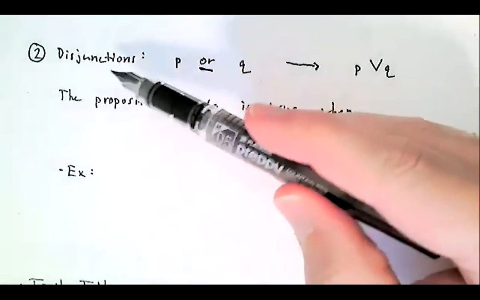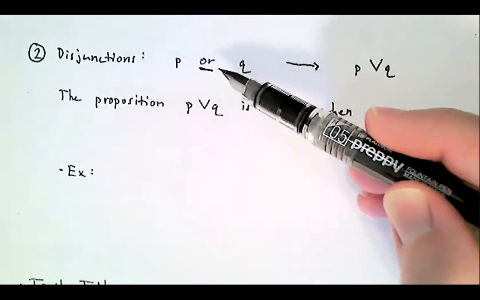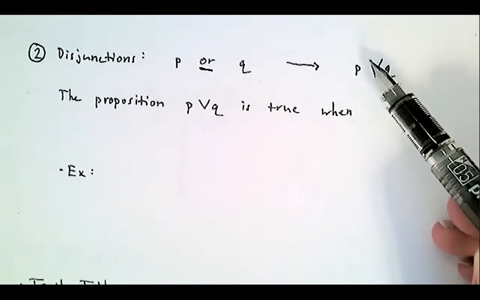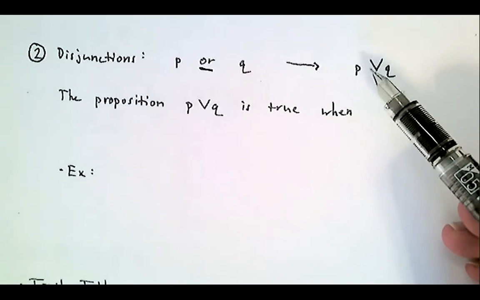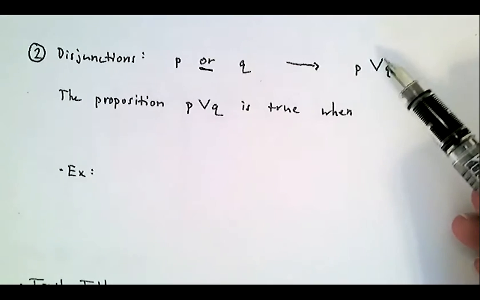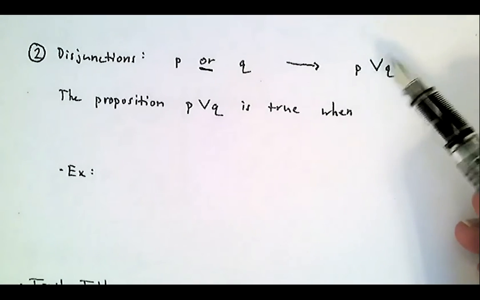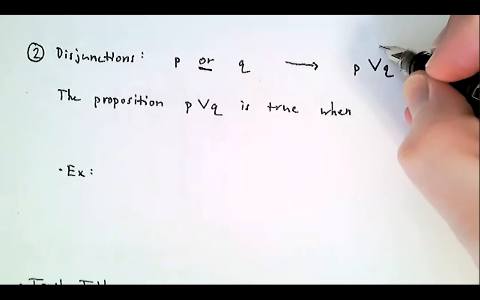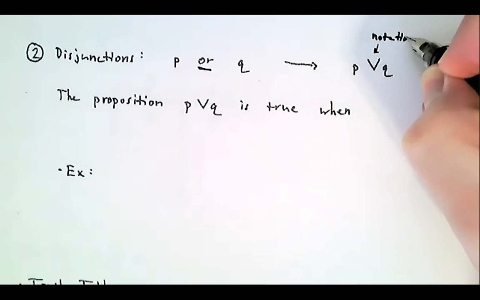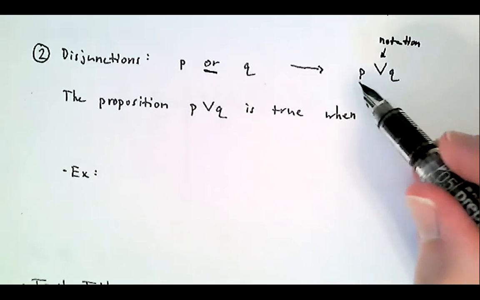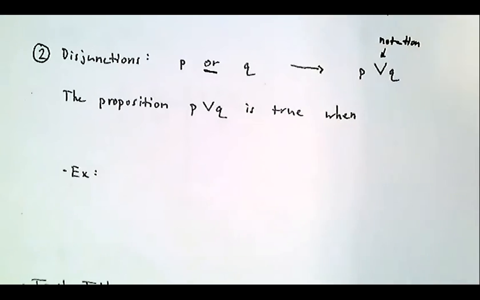And since we think of this kind of as the opposite of the and statement, we flip the symbol for and, the upside down V becomes a right side up V for the or statement. So if you were reading off the statement, you would just say P or Q.